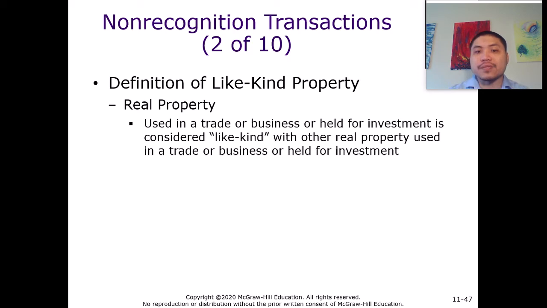That's just an example about this requirement. Both of the properties exchanged have to be used in trade or business, or they have to be held for investment to be able to meet this requirement.